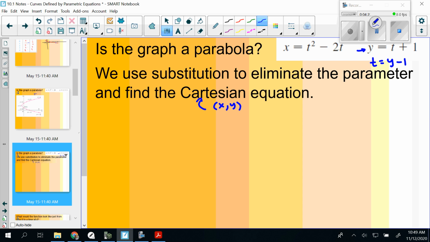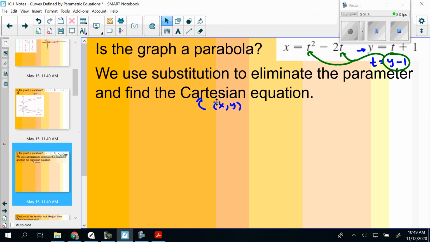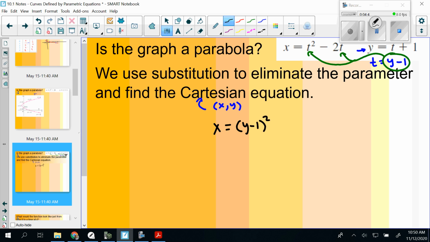So what we're going to do is substitute out that parameter by substituting in now for t. Then our Cartesian equation would be x equals (y - 1) squared minus 2 times (y - 1).